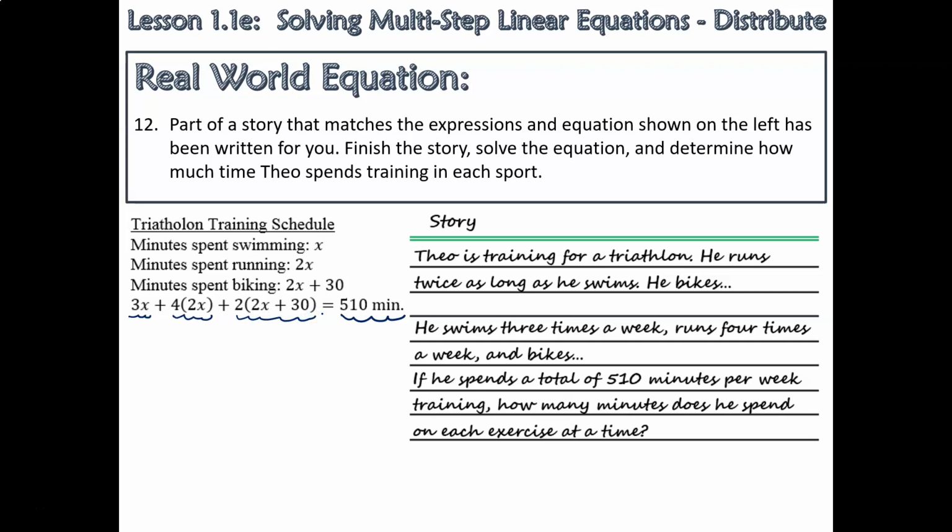Okay, so let's fill in the blank. Theo is training for a triathlon. He runs twice as long as he swims. He bikes 30 minutes more than he runs.